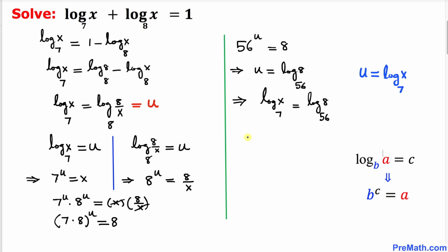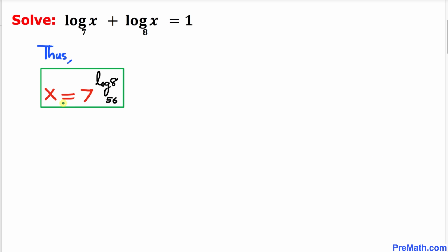Our x value is going to be equal to 7 power log of 8 with the base 56, and that is our solution. Thus our solution turns out to be x equals 7 power log of 8 with the base 56.